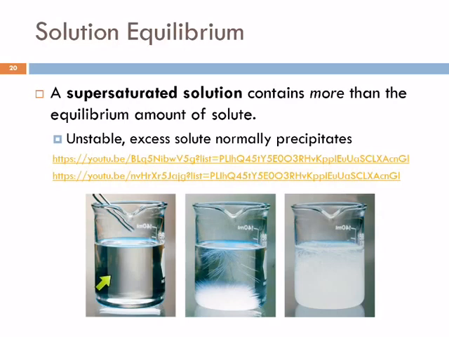So here are some photographs of sodium acetate. Here the sodium acetate is dissolved in water. A supersaturated solution is generally achieved by heating the liquid. The solubility of most substances increases at higher temperatures.